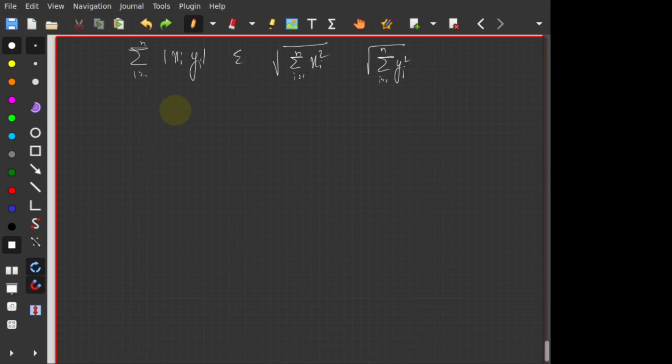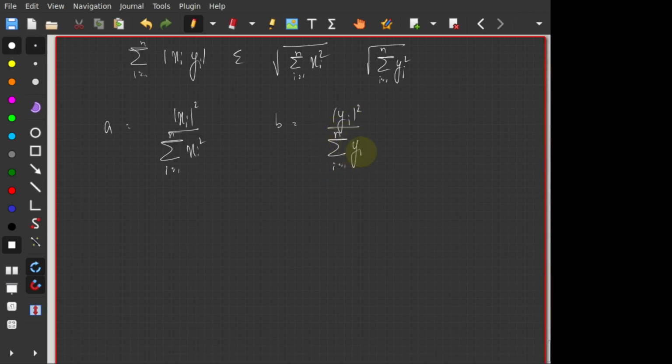Suppose I take A to be xi square by the summation over i equal to 1 to n of xi square, and my B is yi square by the summation of yi square. If I just use the AM-GM inequality, what would I get?